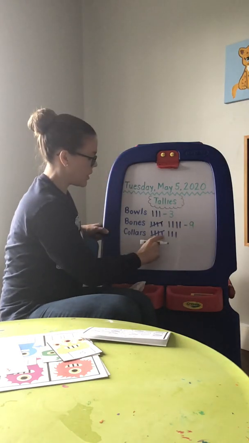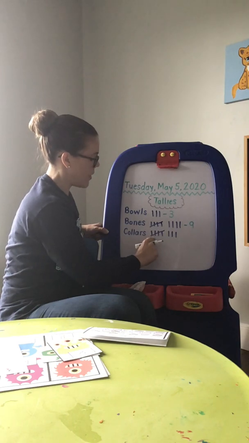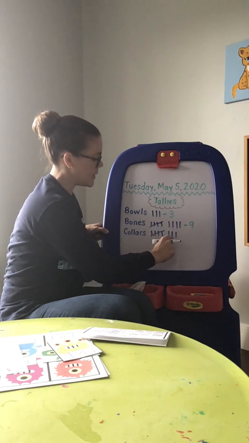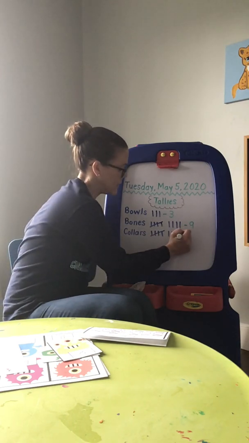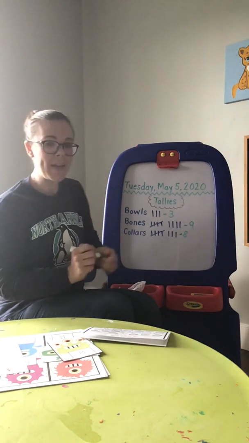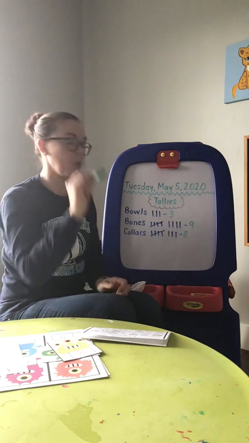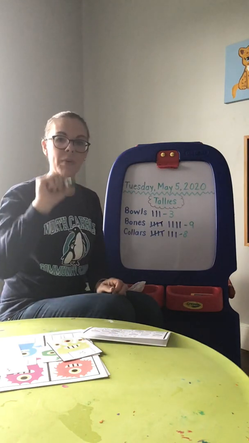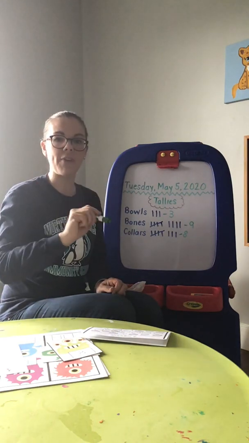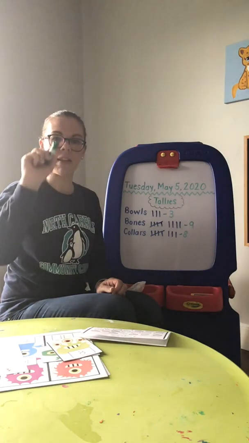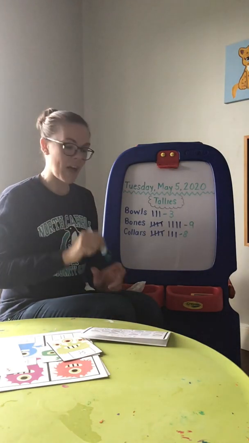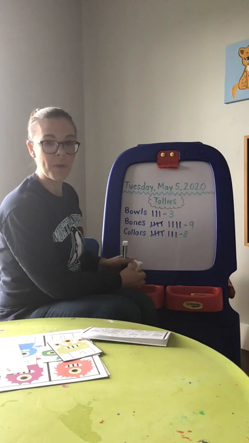And then collars, here's my group of 5. So I have 5, 6, 7, 8. All right? So when we count tallies, we're going to do 1, 2, 3, 4, cross off 5, 6, 7, 8, 9, cross off 10 every time we have a group of 5.